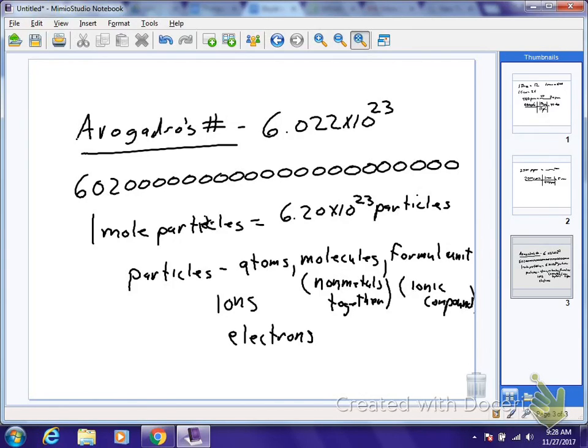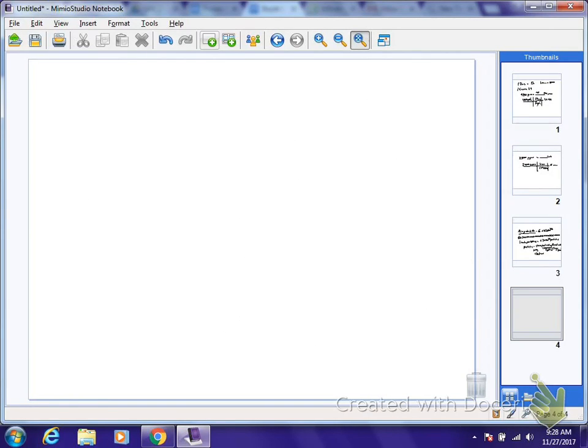So we're going to start really easy, nothing real difficult to do. We're just going to do some conversions with this as our guide. Okay? So that's our guide, Avogadro's number.